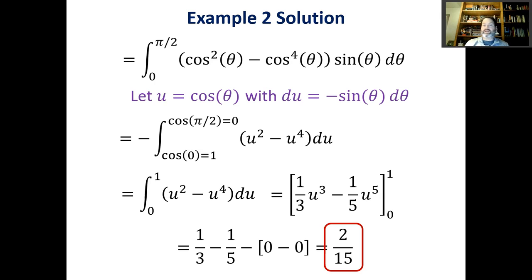You get the exact same answer. But I think this is a little bit faster. It's less algebra. So if you have the ability to do it this way, I think this is the best way to do it. Keep changing those limits of integration. And then as soon as you get to the integral of the u, you're done.